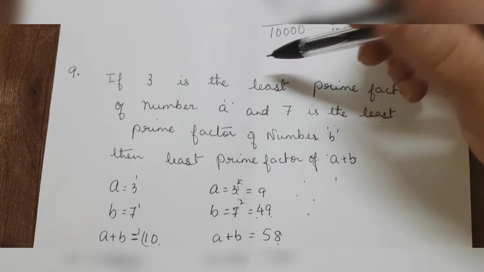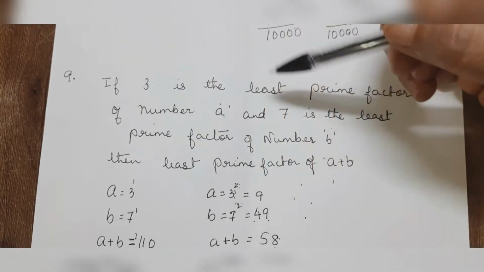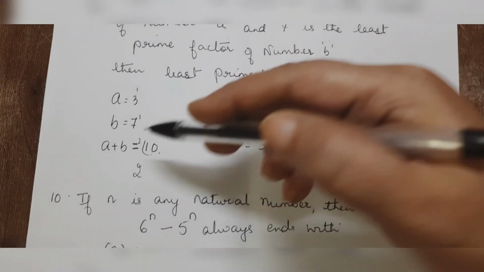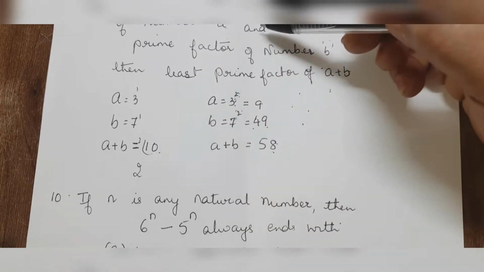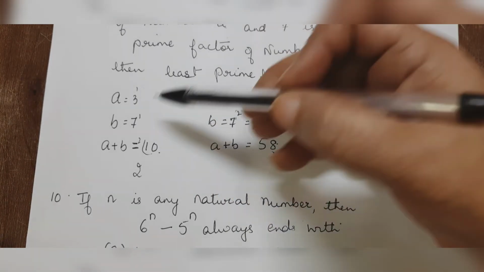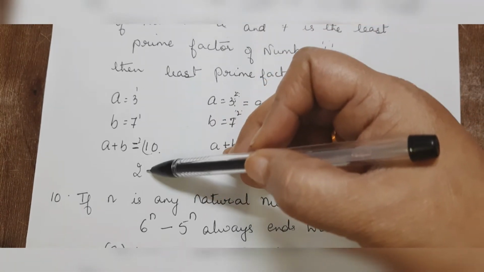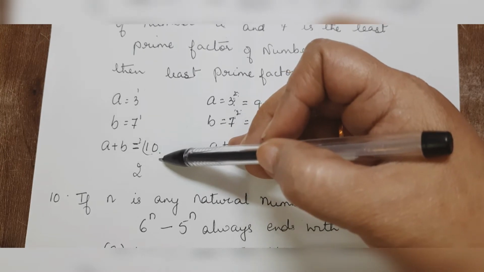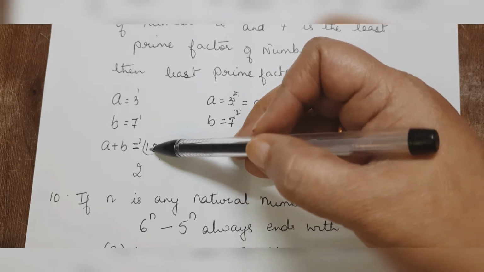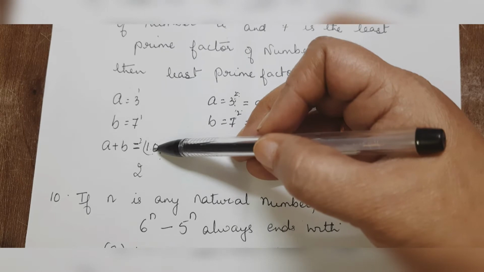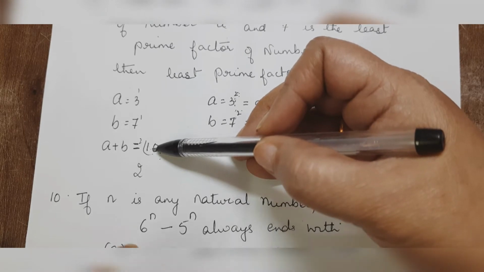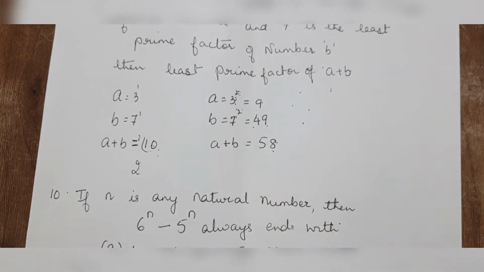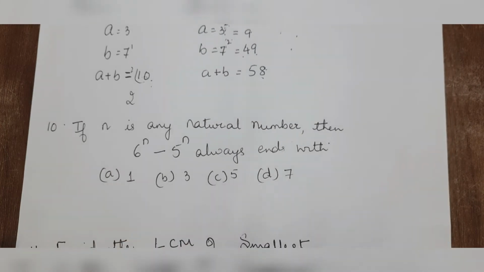Just what you have to do is add up 3 plus 7 and then that 10 value, it might be any number if the number has been changed. Then you decide, do prime factorization. If it is an even number, it will be 2. If it is an odd number, check for 3, 5 or 7 as it implies in the question.